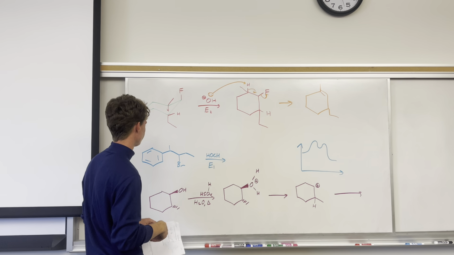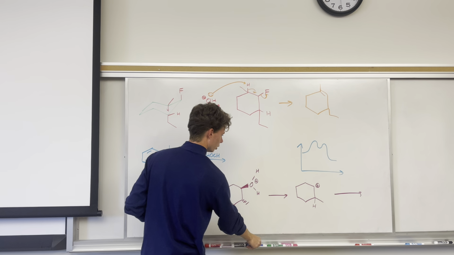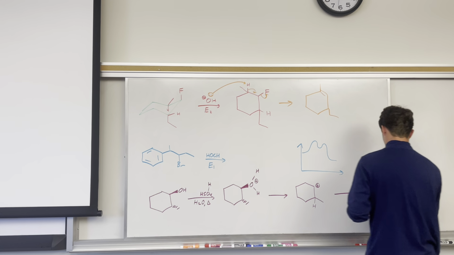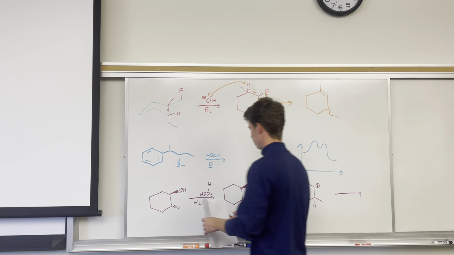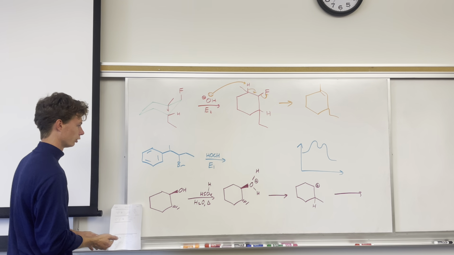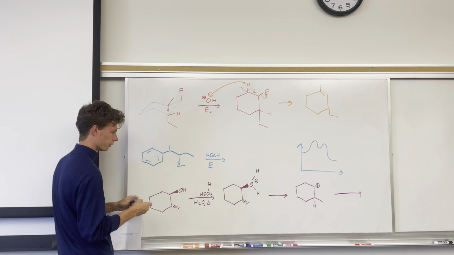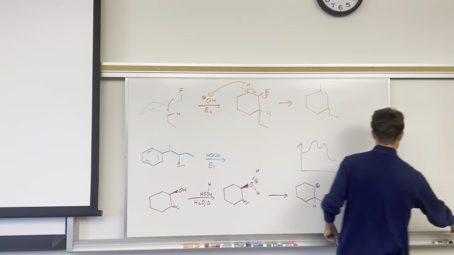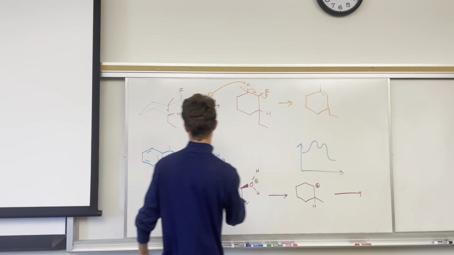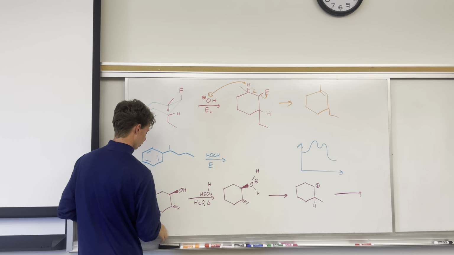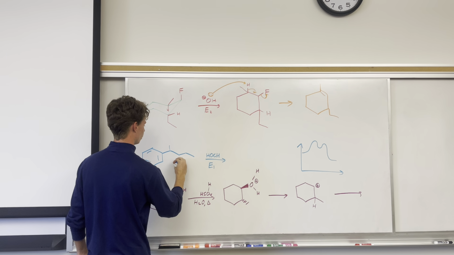Number 7 asks to draw the product or products of the following E1 reaction. Okay. Now remember, E1, our leaving group is going to leave first, creating a carbocation. And when you can do a carbocation shift, do it.